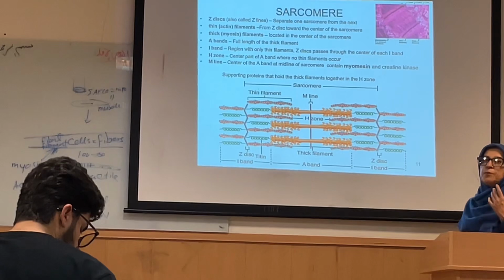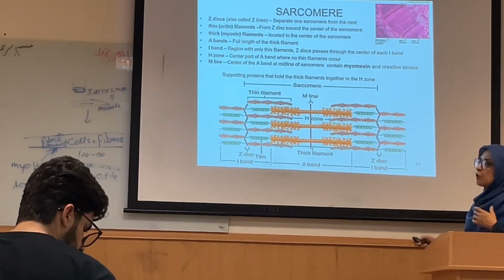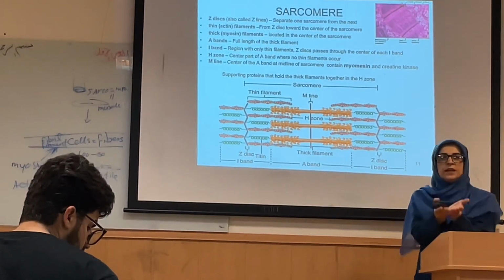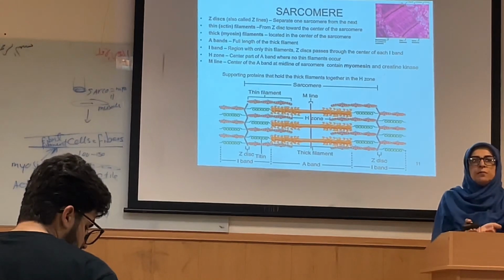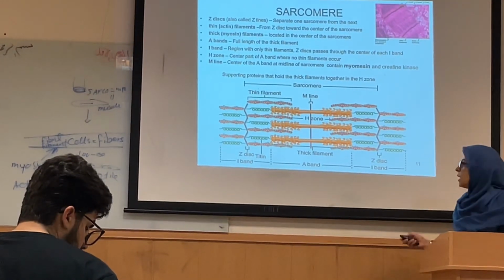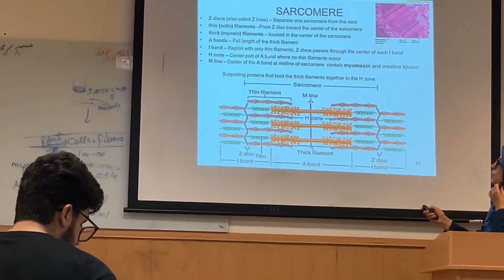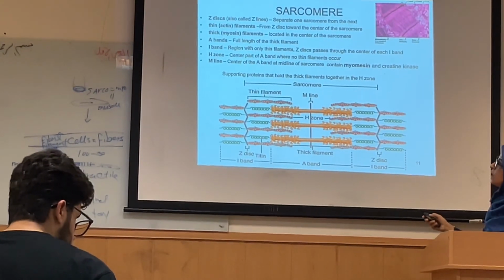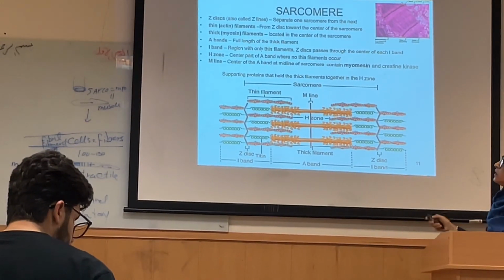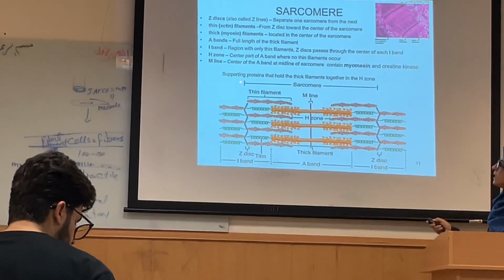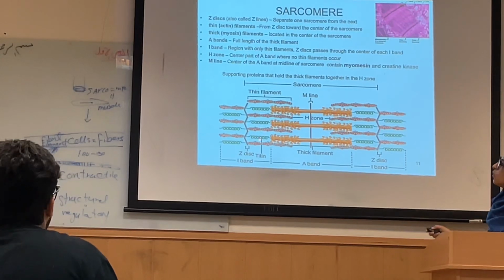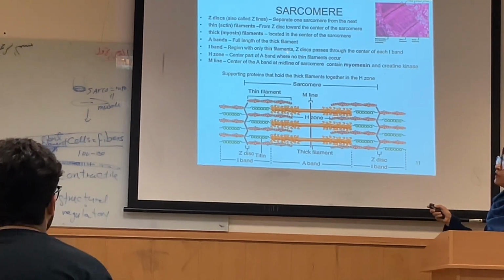It relates to the property of these proteins to the light that is radiated from the microscope to the tissues. The A band, or anisotropic, includes the thick filaments. The I band, isotropic, only includes the thin filament.